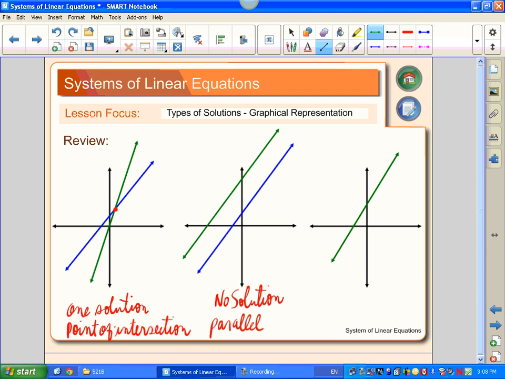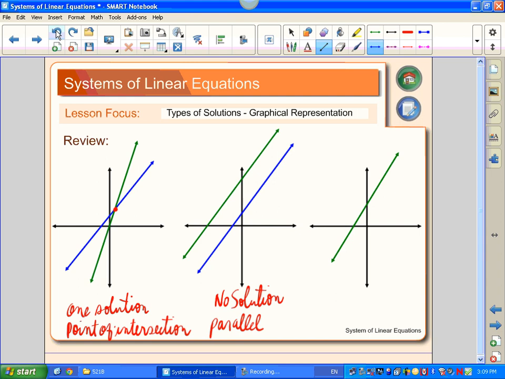We have this third case. Here's a line, and I'm drawing another line. I may not have done a great job on that one. Let me just undo.